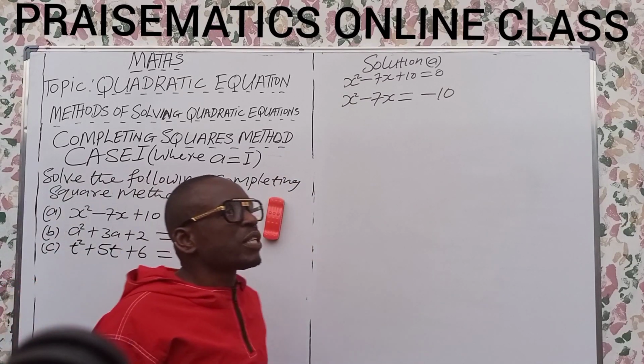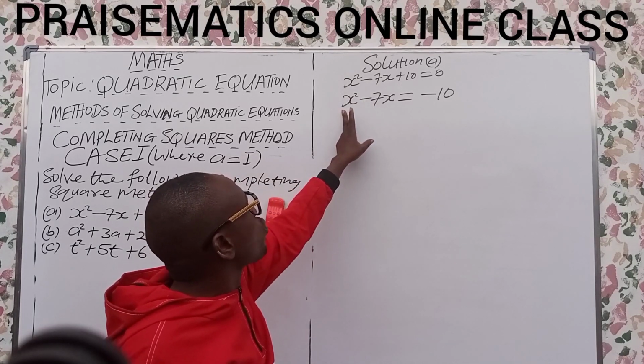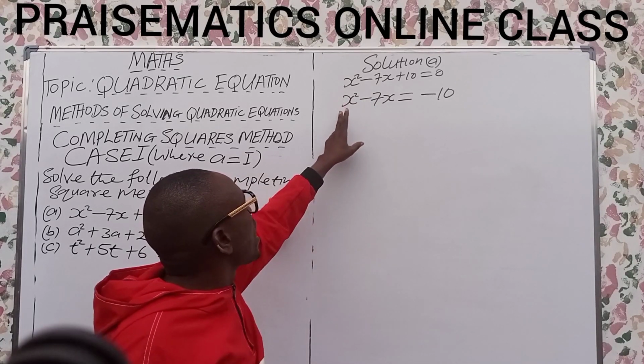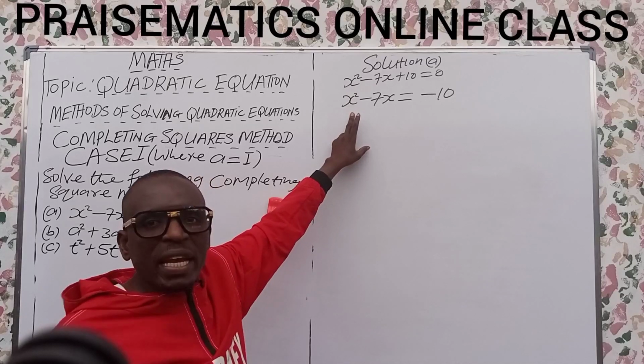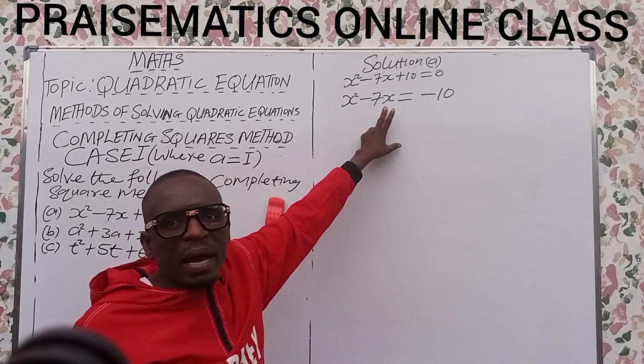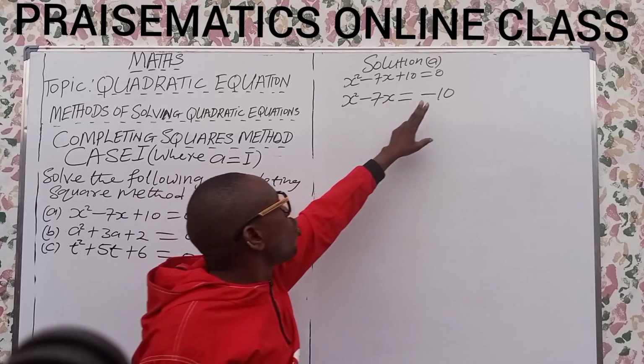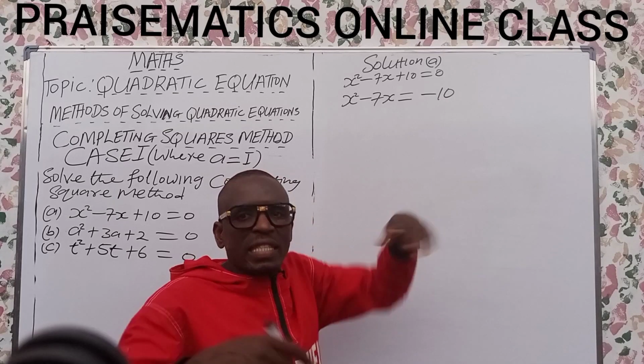Now, what do we do again? The second step says divide through by the coefficient of x squared. But the coefficient of x squared here is what? 1. So x squared divided by 1 remains x squared. Minus 7x divided by 1 remains minus 7x. Minus 10 divided by 1, the same thing.